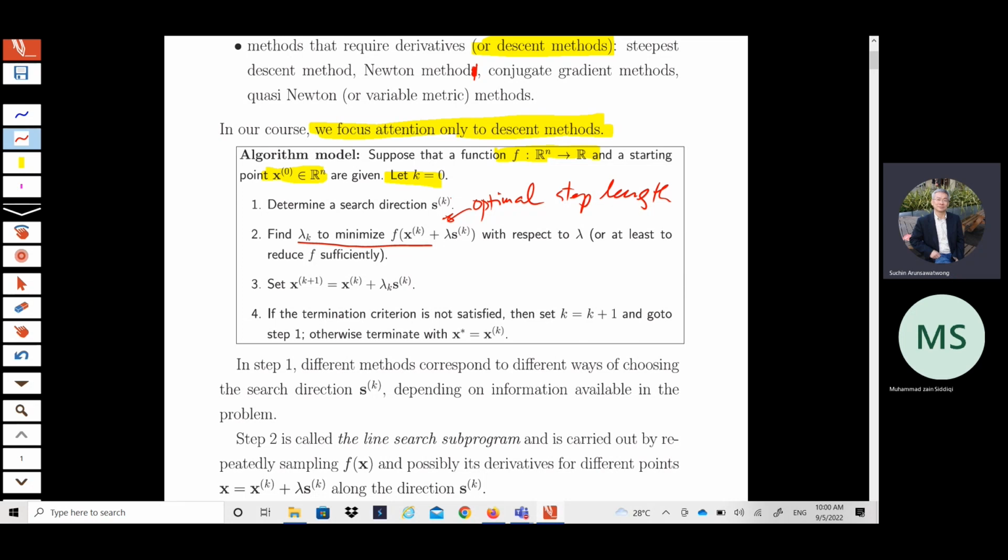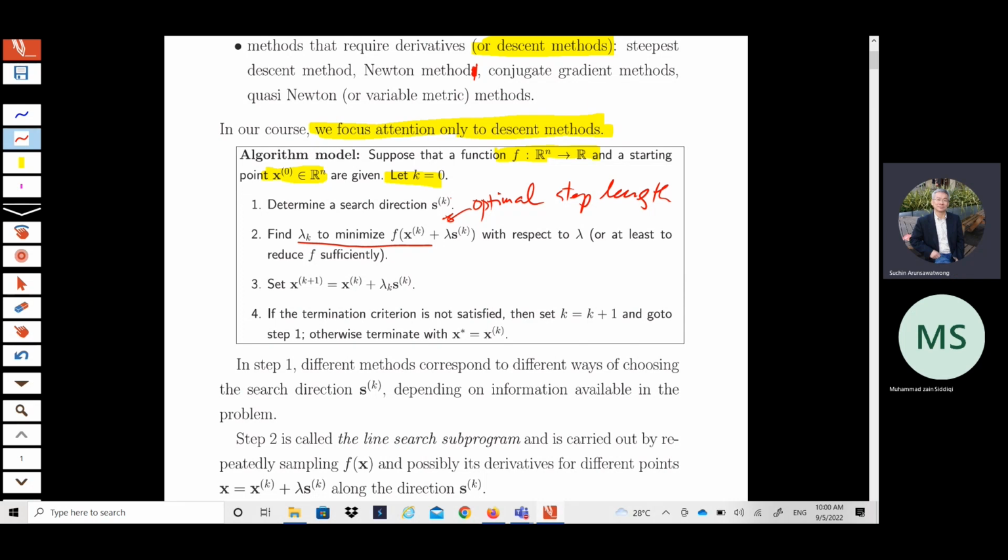But later, this is what we call the step length. When we implement the optimum line search, the method has a very nice property.